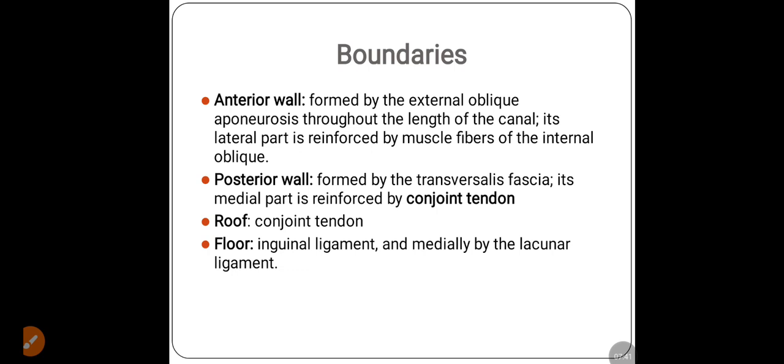The inguinal canal has an anterior wall, posterior wall, roof, and floor. The anterior wall is formed by the aponeurosis of the external oblique, and opposite the opening of the superficial inguinal ring it is reinforced by the conjoint tendon. The posterior wall is formed by the fascia transversalis.